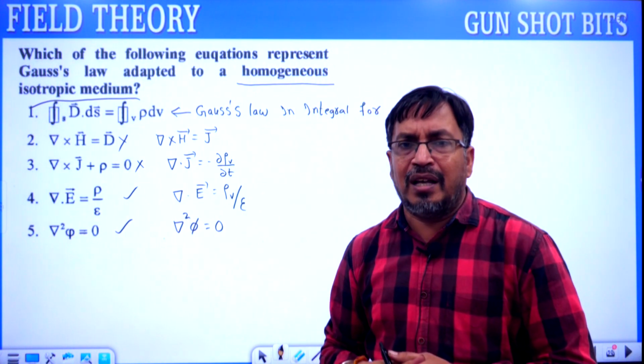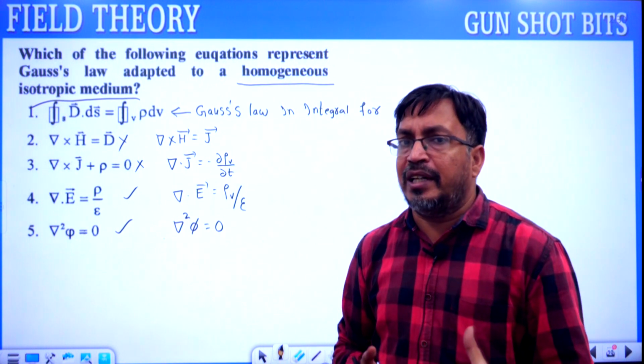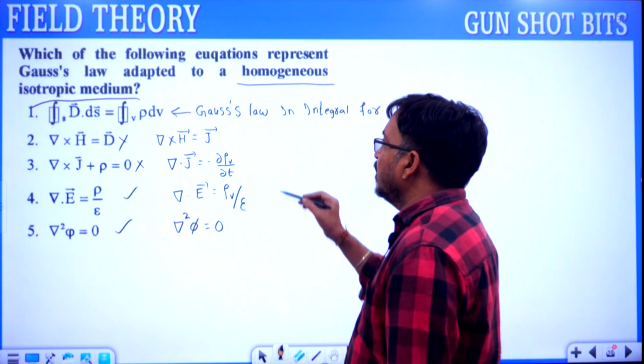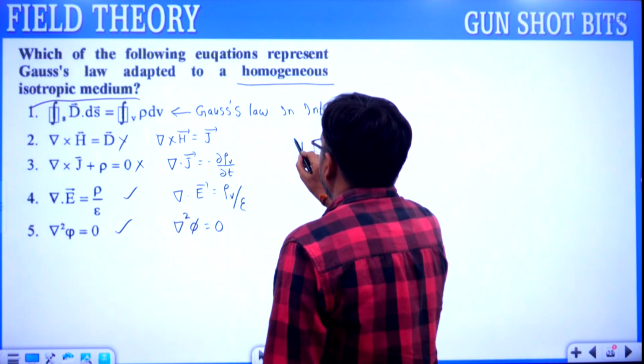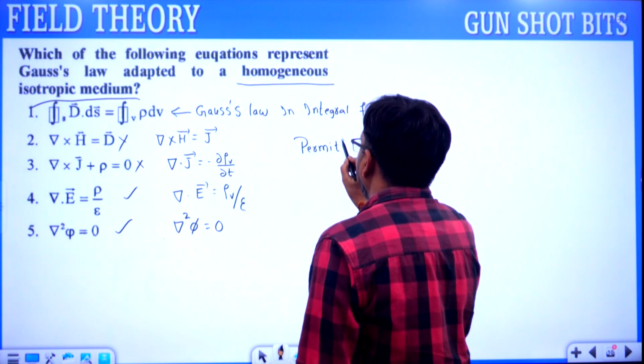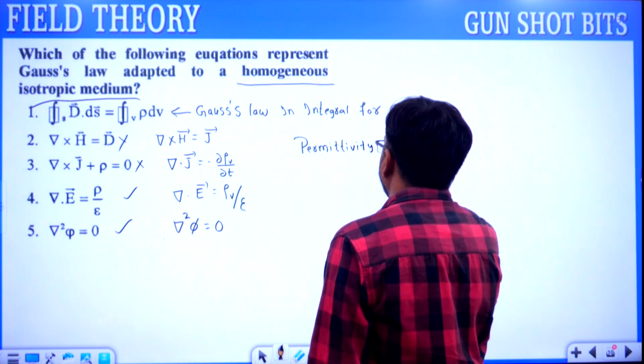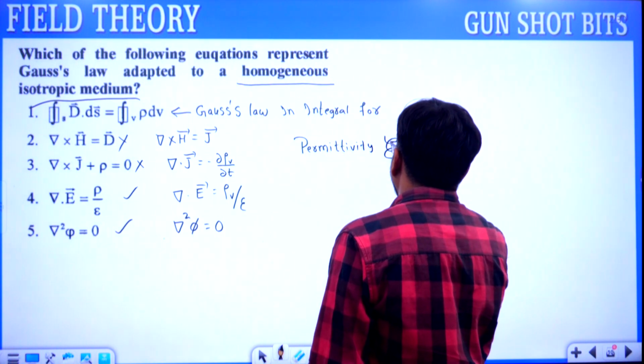In electrostatics the medium parameter is permittivity. So in a homogeneous medium permittivity, that is epsilon, is a constant.